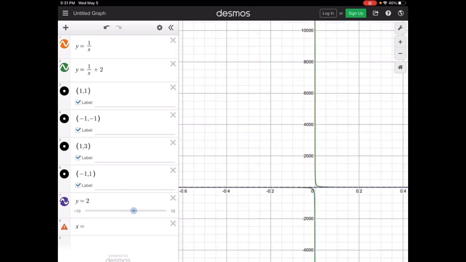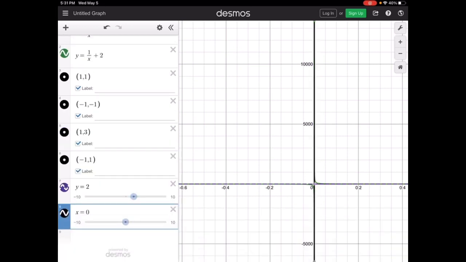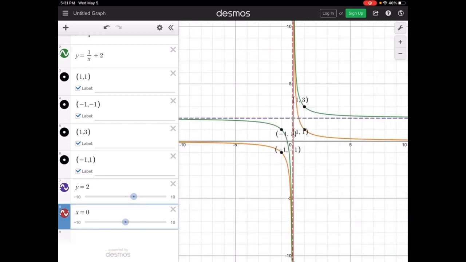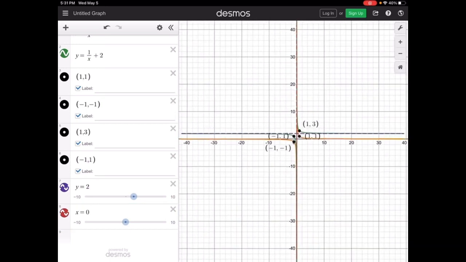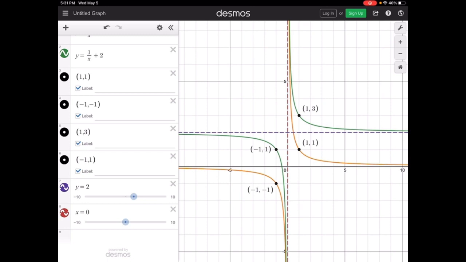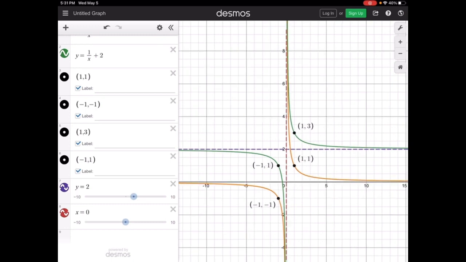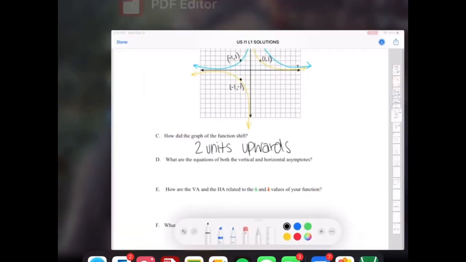So that looks like it's going to be my other asymptote, 0. So at x is equal to 0, dashed line, that is my vertical asymptote. And as you can see, you can look at your green function and it will keep going towards that red line, x equals 0, and it will never touch it, but it'll get closer and closer to it. Okay, so those are going to be our asymptotes.